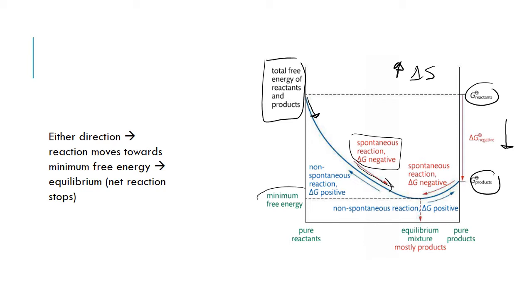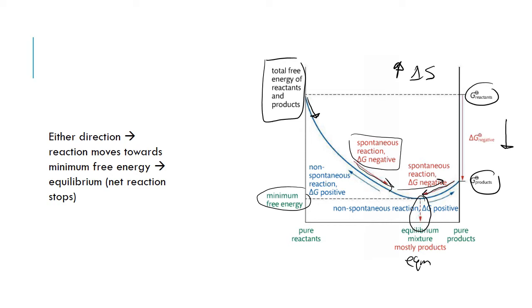And then we hit this line, the minimum free energy. At some point we may rocket back up a little bit depending on how much force is moving that reaction forward, but this is where the products go back and forth and break back down until you hit this low point. And at this low point, that is equilibrium, right?